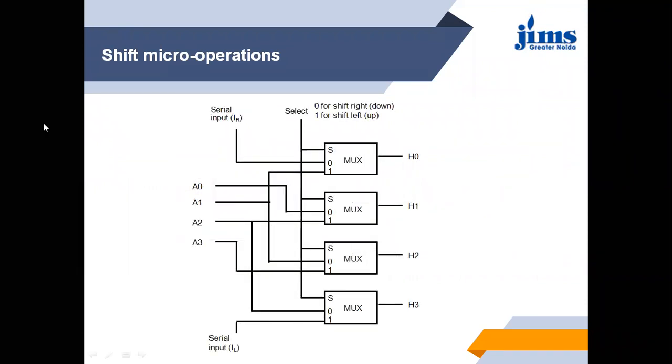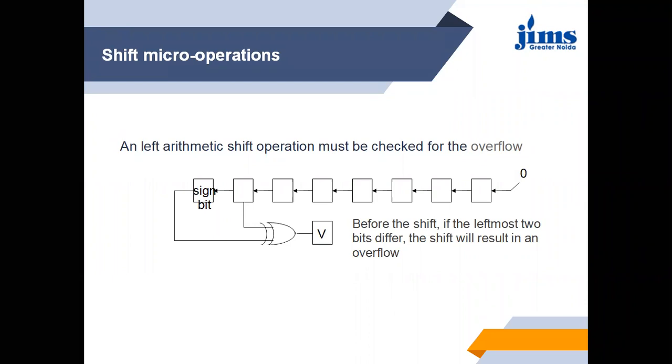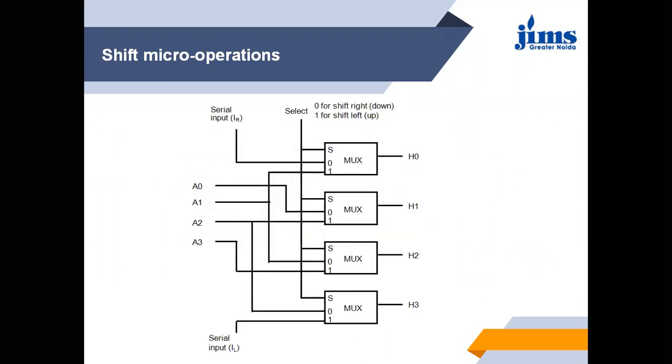Okay, this is the shift micro operation. We were discussing the shift micro operation, in which we can perform all the shift operations in a single circuit. So this is a selection line. By using this selection line, we can see whether we have to perform a left shift or a right shift.